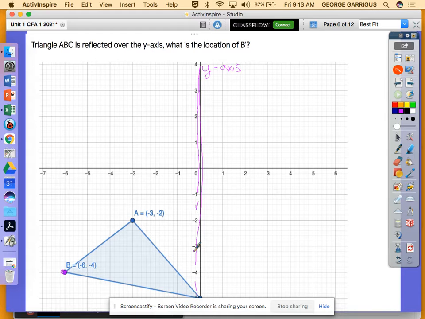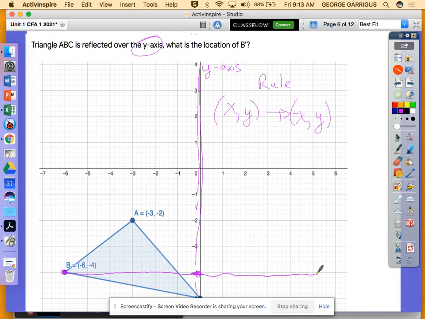So again, the rule says what happens with your x's and y's when you reflect over the y-axis is that the y's don't change, but your x's go opposite. So that would put your B prime traveling here; it takes 6 to get to the line of reflection: 1, 2, 3, 4, 5, 6. Where's that point located in space?